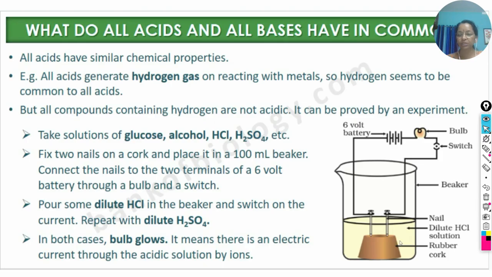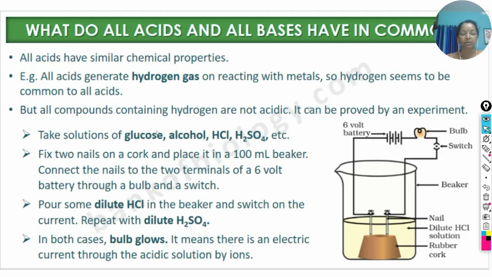If you use dilute acid as the electrolyte, you can see that the bulb is glowing, whereas if you use glucose and alcohol, they also have hydrogen. What they are trying to say is all acids have hydrogen, because we learned that acids react with metals producing hydrogen gas. So all acids have hydrogen in them. But glucose has hydrogen in it, alcohol also has hydrogen in it.